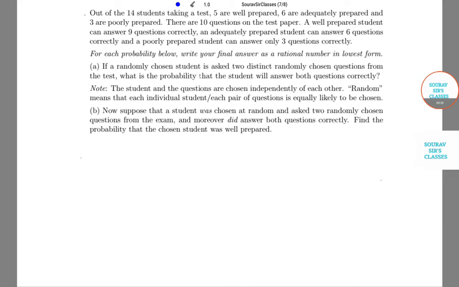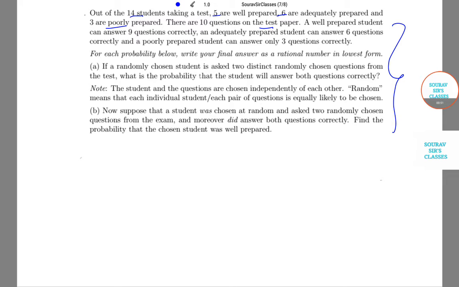Now first, let us look at the question which we are going to do. The question is long. We will be dealing with this entire long question in this tutorial. There are 14 students writing a test. 5 are well prepared, 6 are adequately average prepared, and 3 are poorly prepared. Now there are 20 questions on the test paper.